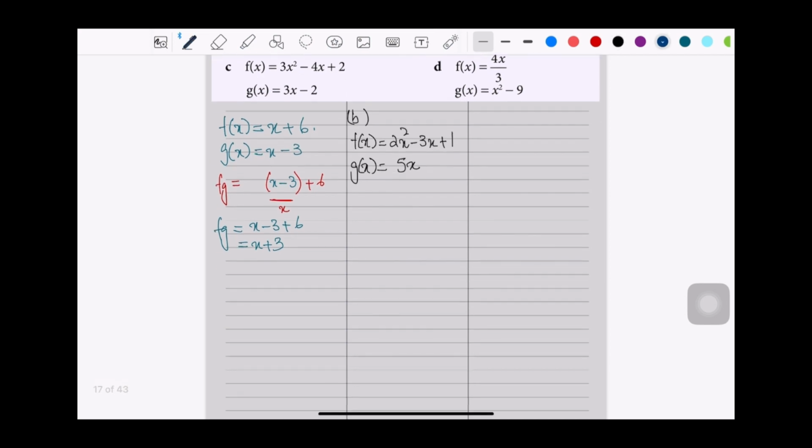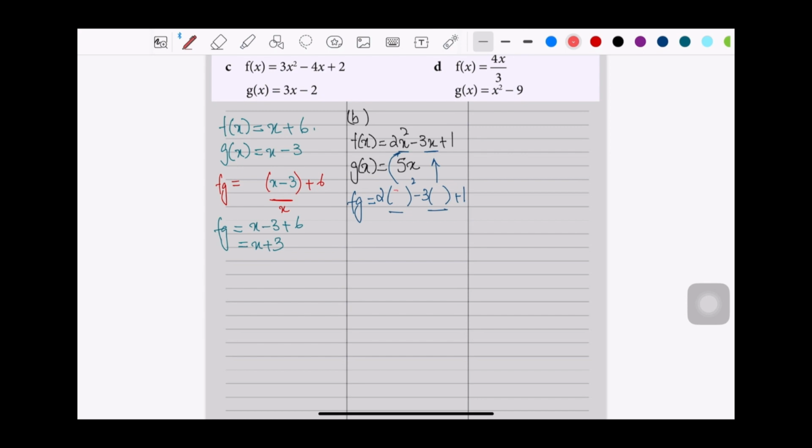Now, f of g means that in f of x, you place the value of g. So 2x squared minus 3x plus 1. These are the empty spaces instead of x, because I'm going to insert the value of g in them.